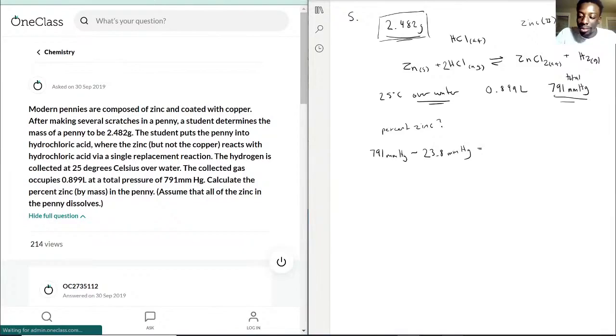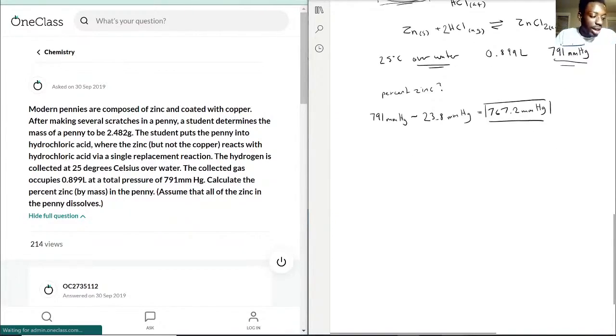They didn't say hydrogen pressure, they said total pressure. That's why you have to factor this in. So when you subtract it, just the hydrogen pressure is 767.2 millimeters of mercury.